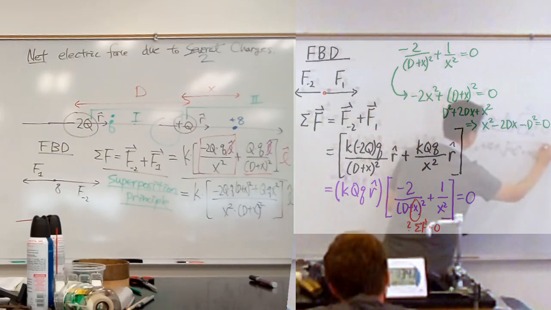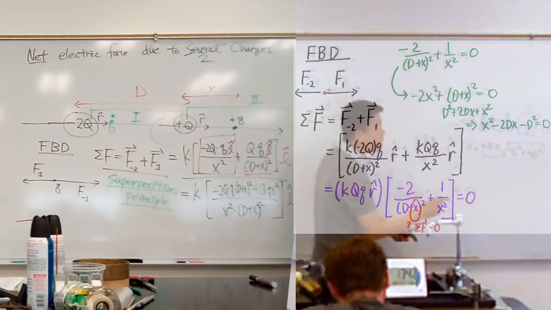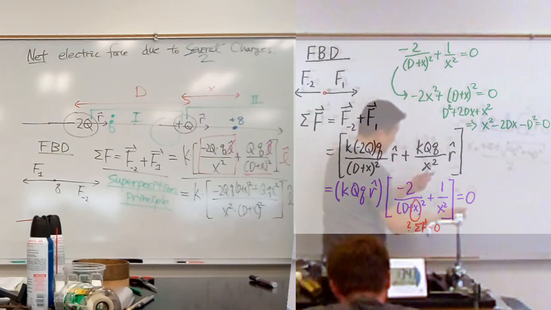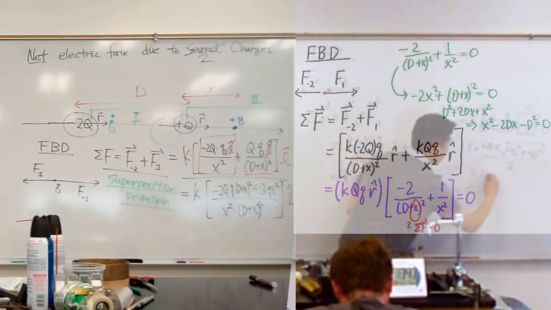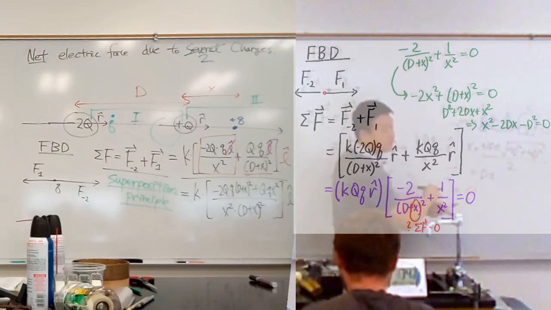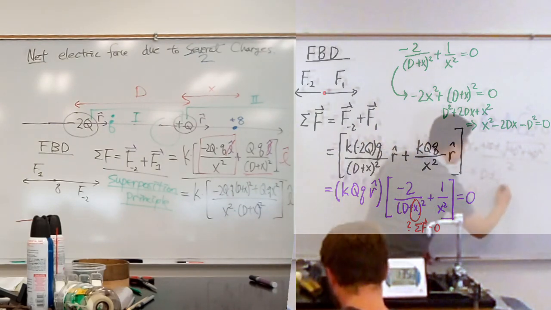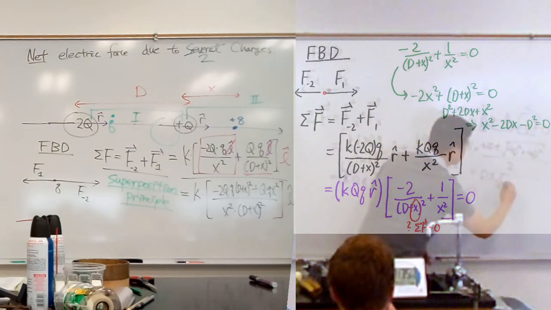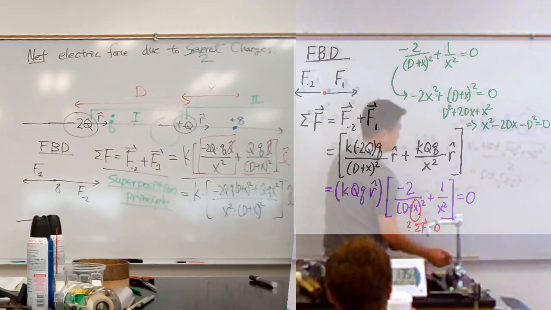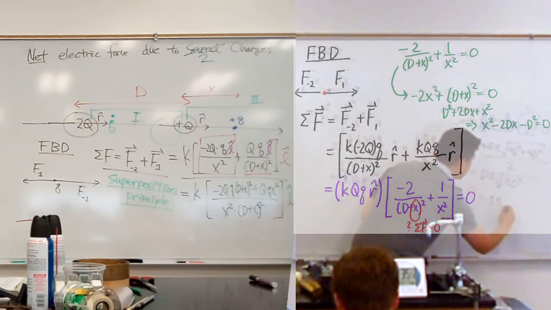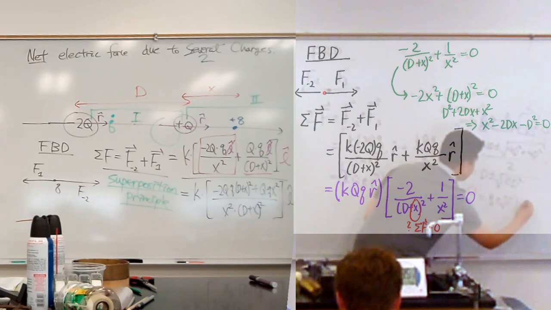Sorry, I'm having a senior moment. Divide by 2a, so divide by 2. All right, so I get x is equal to d plus or minus, it's applying 2 here, so plus or minus the square root of, so the 2 inside here will cancel out the 4, so I get 2d squared. So I get x is equal to 1 plus or minus the square root of 2, times d.